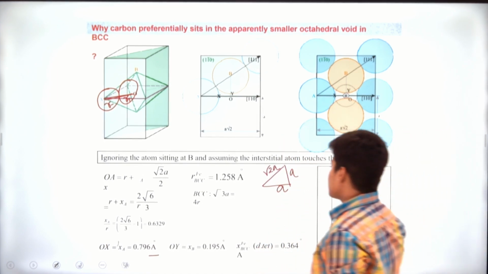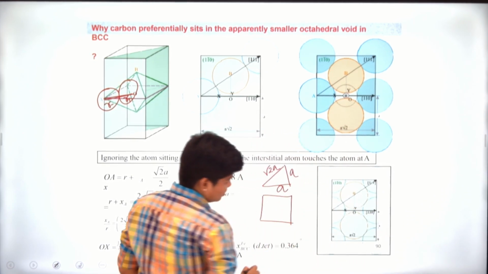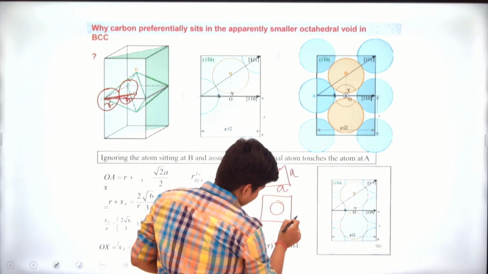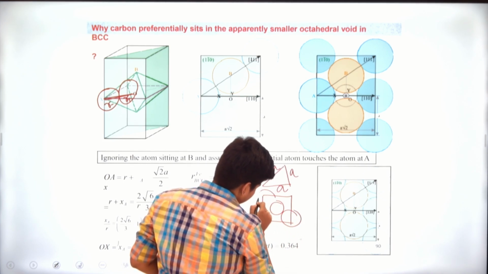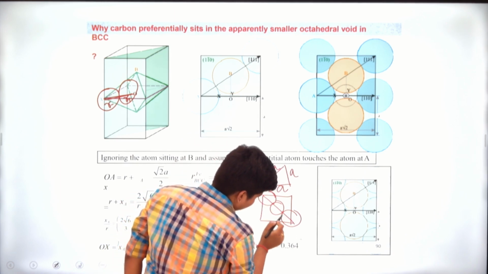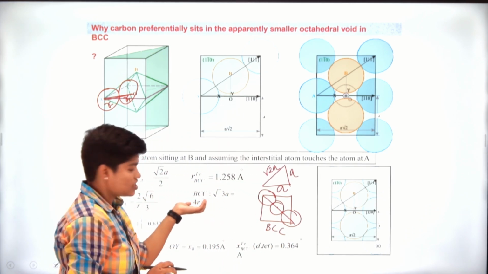But in case of BCC, there will be a body-centered lattice point and another at the corner. Okay, so like that. Here in BCC structure, how it comes: root 3A is equal to 4R.